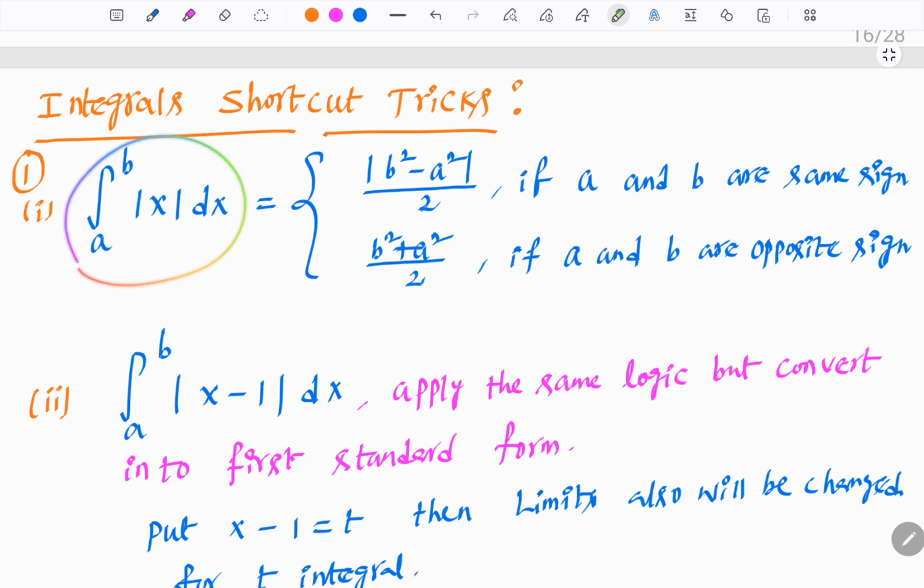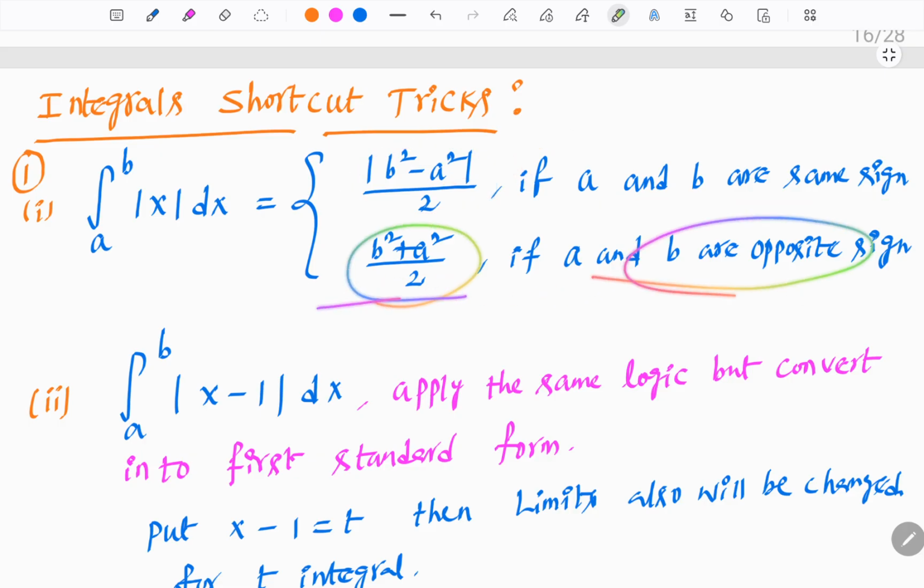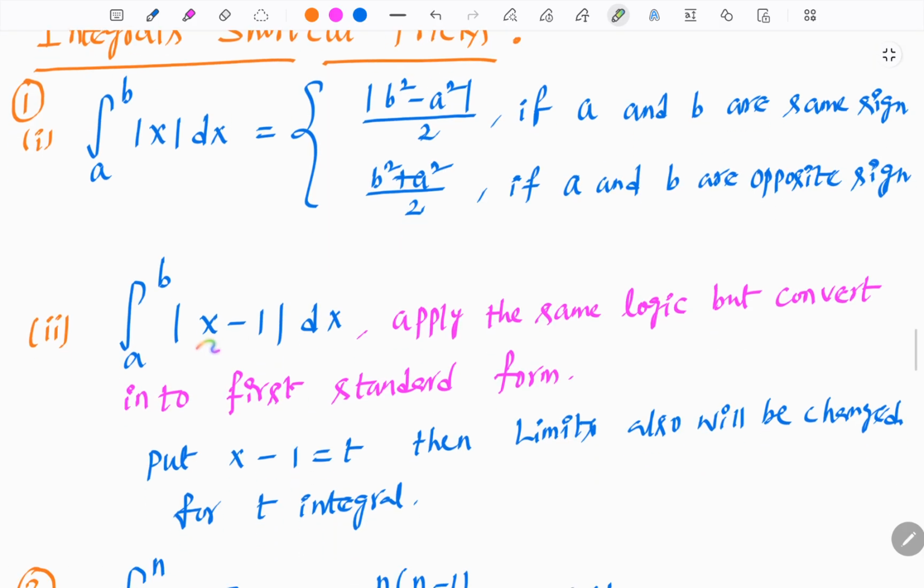If an integral looks like the integral of x with the modulus function, if both limits are the same sign, this is the formula: modulus of b square minus a square by 2. If both are opposite sign, this is the shortcut trick, and you will get the answer within seconds. Clear? Sir, if it is not modulus x, but instead it is x minus 1, what should we do that time? Don't worry.